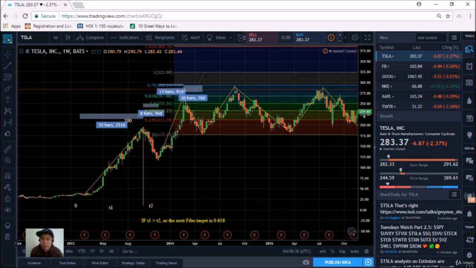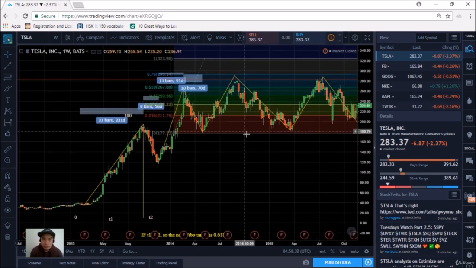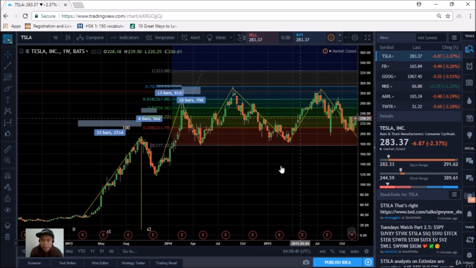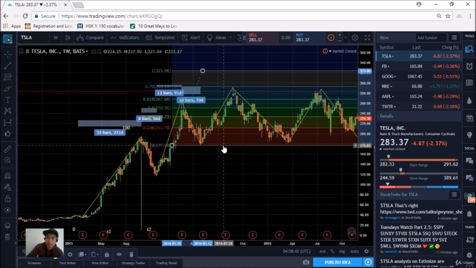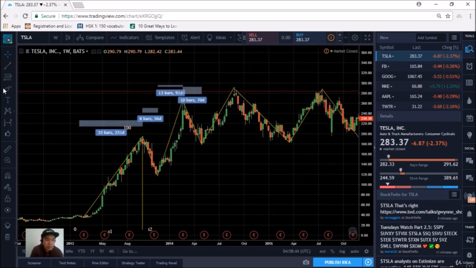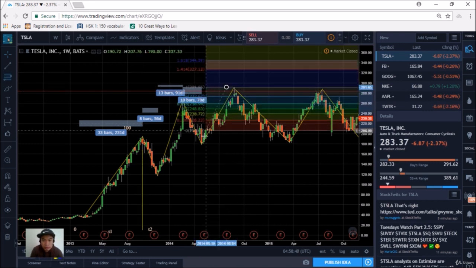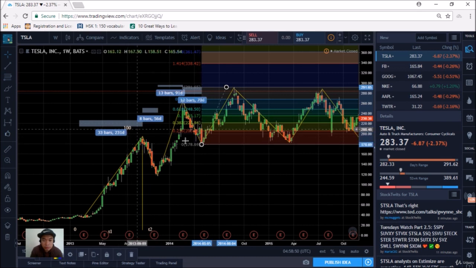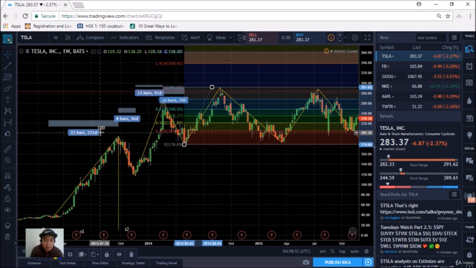Now we measure again the Fibonacci target for the next line. What we have to do is from here to here, 0, and again this is the distinct high and this is the distinct low.